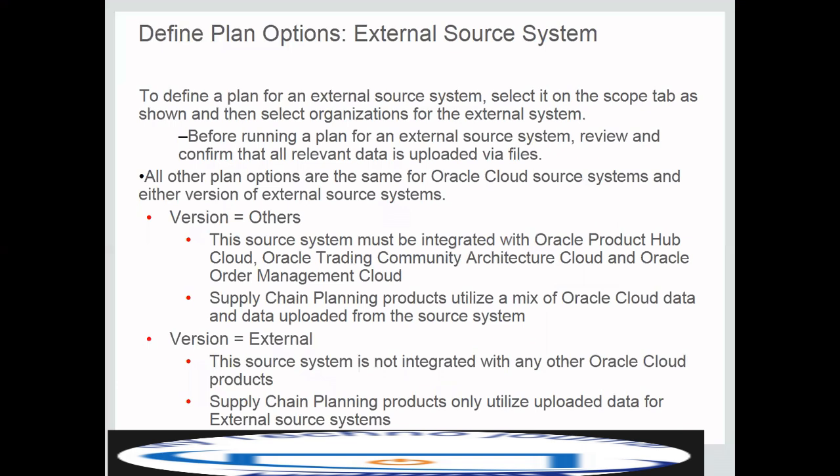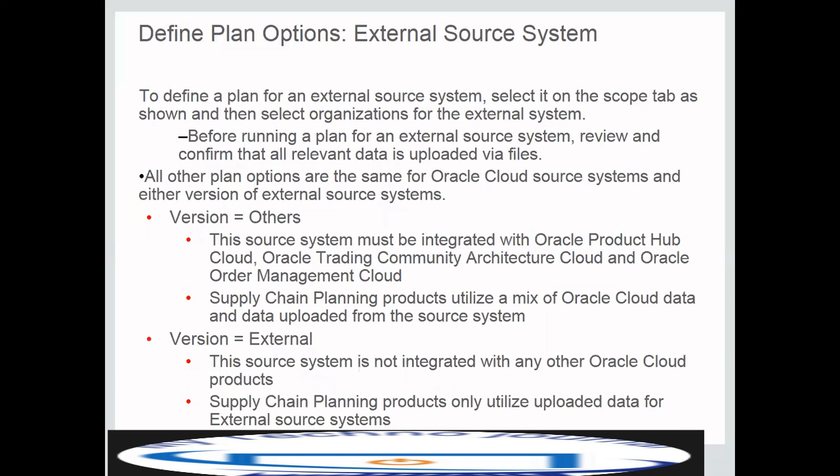Regarding the version, whether this is an other system or an external source system: before running a plan for an external source system, review and confirm that all relevant data is uploaded via files. This is an important statement. When it is an external system, you have to make sure that all relevant data is already uploaded there.